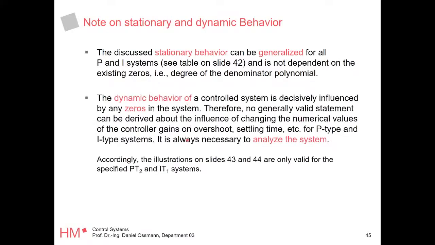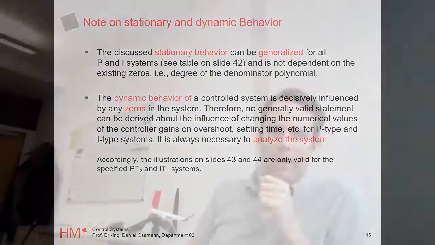However, the things we have discussed in the last 2 slides, they really are true for these 2 specific PT2 and IT1 systems. So the dynamic behavior really depends much on the system itself, right? If you add another 0, so if you take a PT2, the answers will look different. However, what the controller is basically doing, or what its elements are doing, how they are influencing our control loop, stays the same, right?